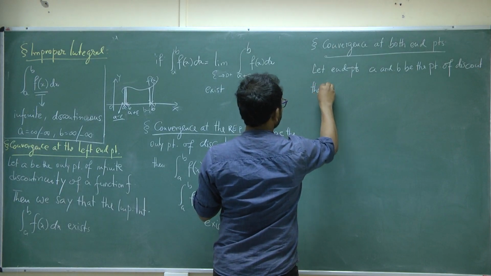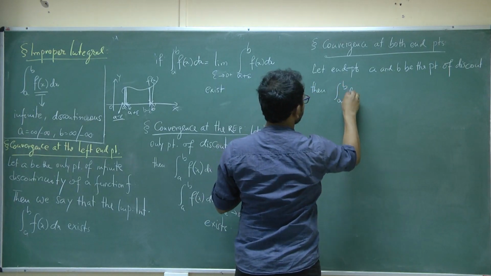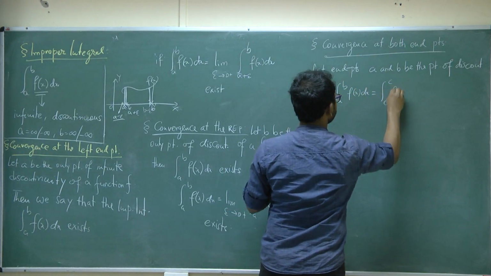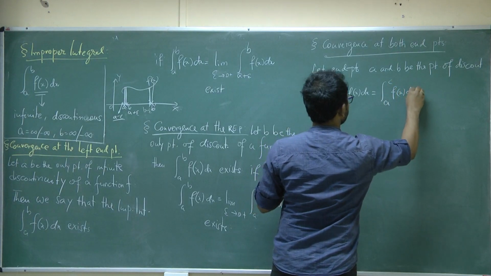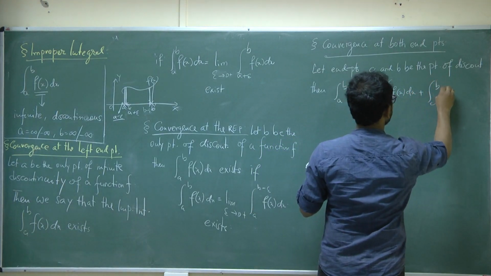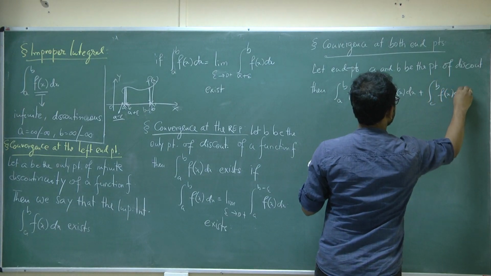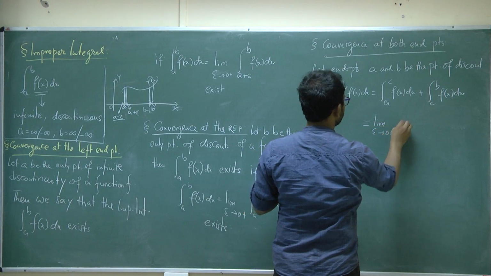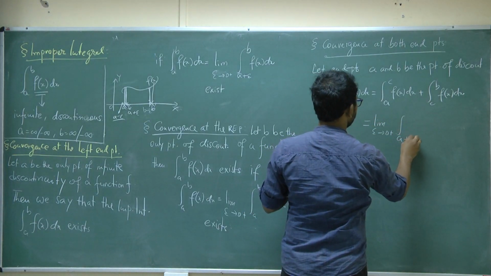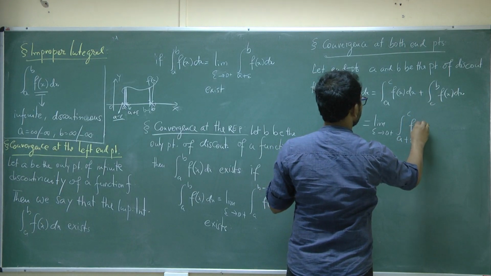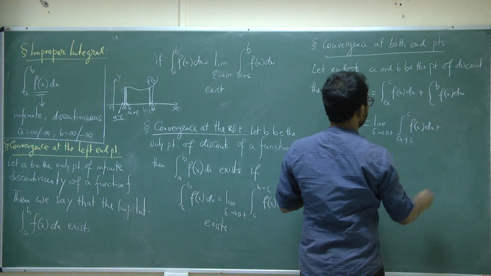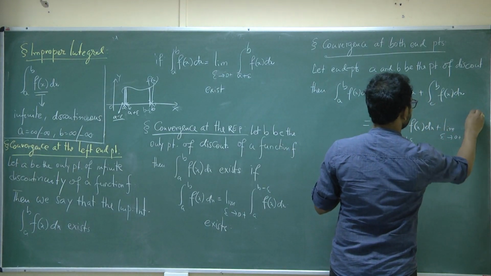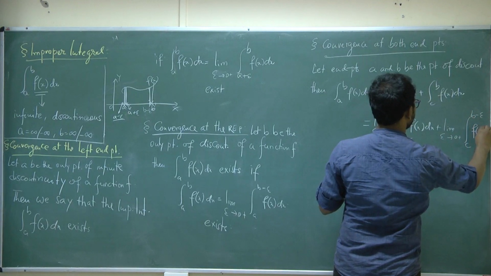Then integral a to b f(x) dx can be divided into a to c f(x) dx and c to b f(x) dx, and then you can write this as limit epsilon goes to 0 positive, integral from a plus epsilon to c f(x) dx, plus limit epsilon going to 0 positive, integral from c to b minus epsilon f(x) dx.